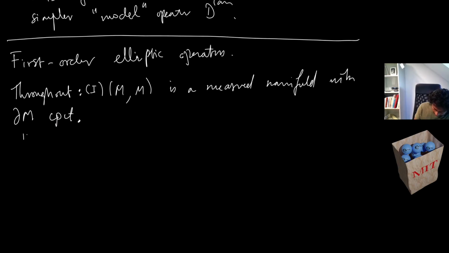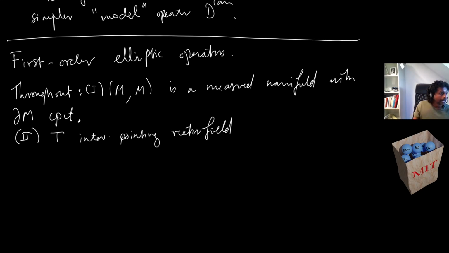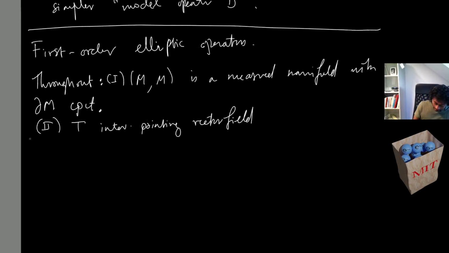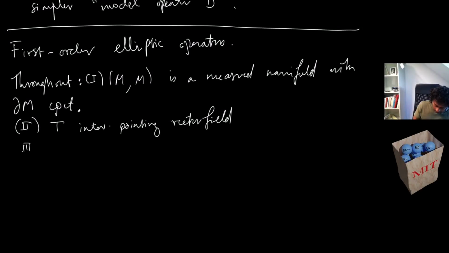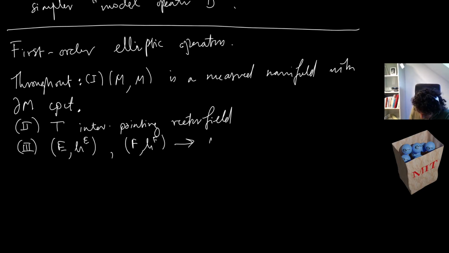The second point is that we're going to fix some interior pointing vector field. And E, h_E, F, h_F are bundles which are Hermitian.